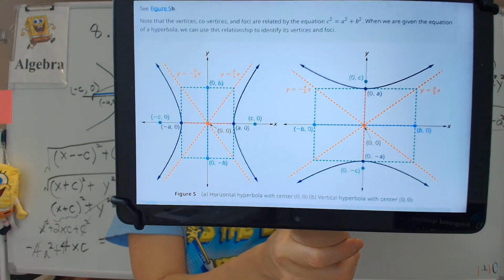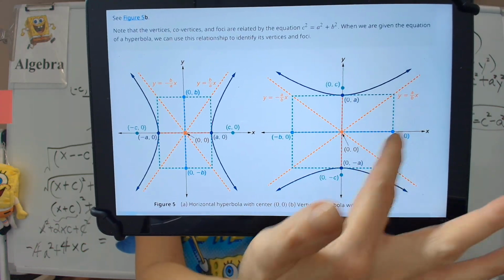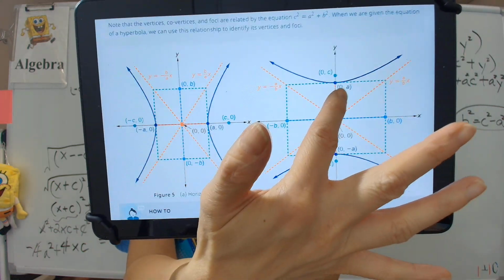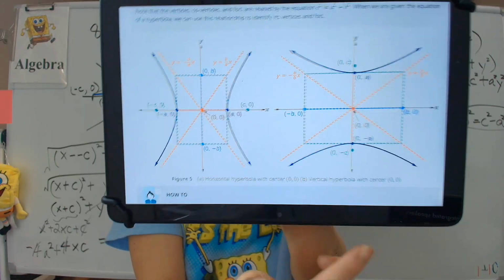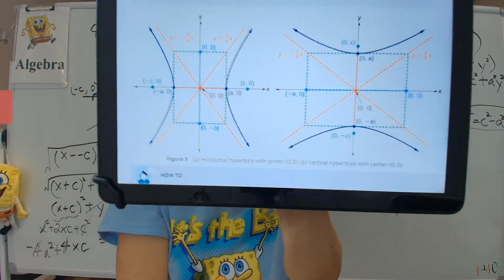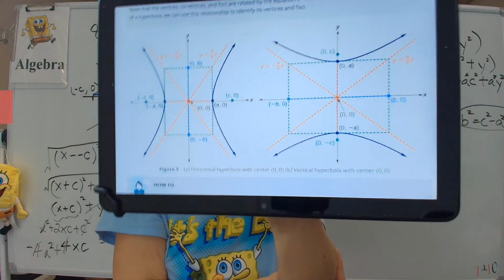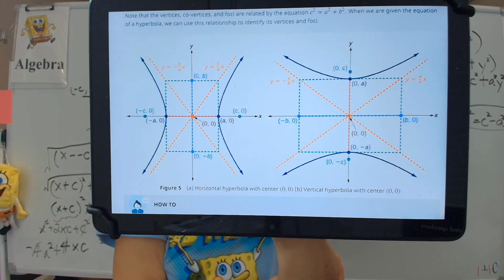But in any case, you notice that there are these red lines, or orange, or whatever color these are, that go across. Those are the asymptotes of the hyperbola. That is, as the graphs go to infinity, they will approach those lines. It won't touch them, I don't think, but it will get closer and closer, infinitely closer.